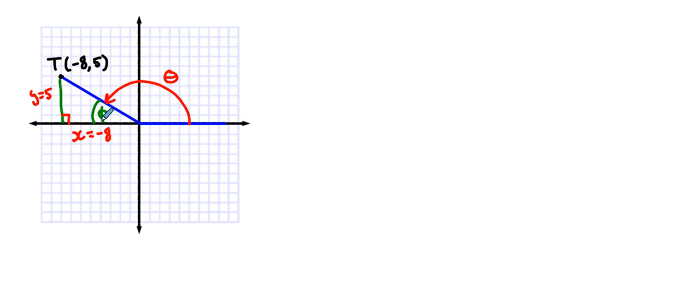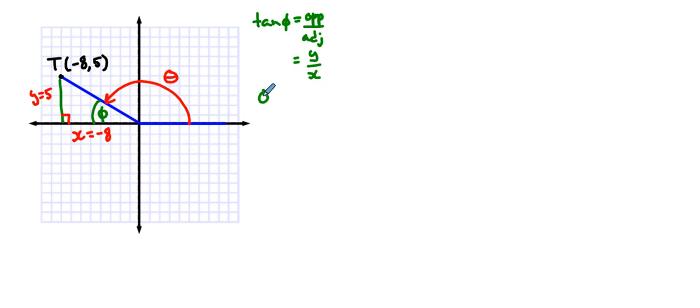Using though x and y are opposite y and are adjacent x, we can calculate phi using tangent. So let's do that here. So we can say that the tangent of phi is equal to the opposite side over the adjacent side, which will be y over x.